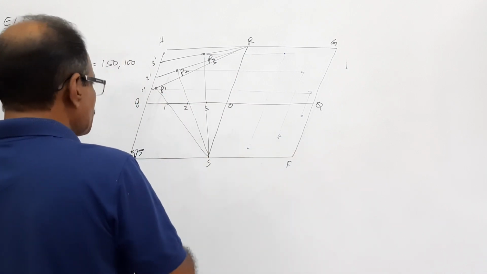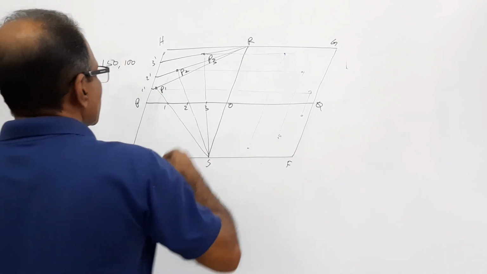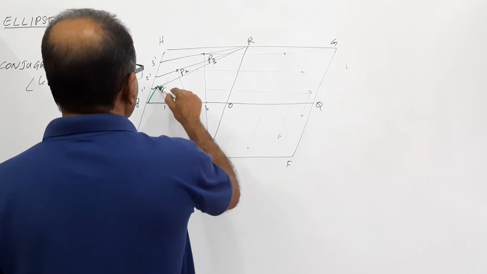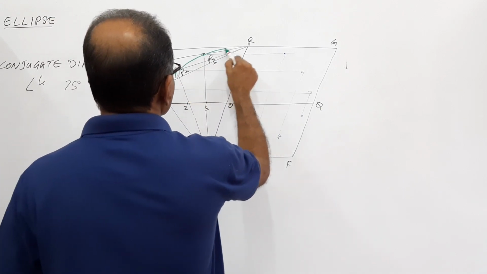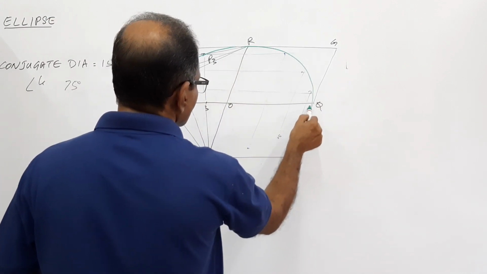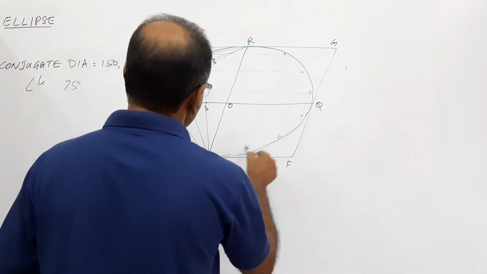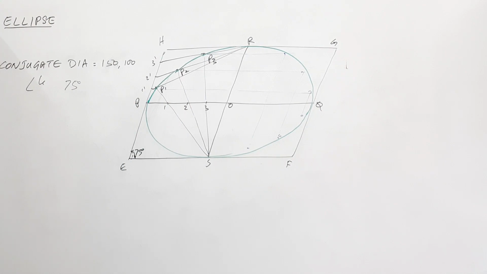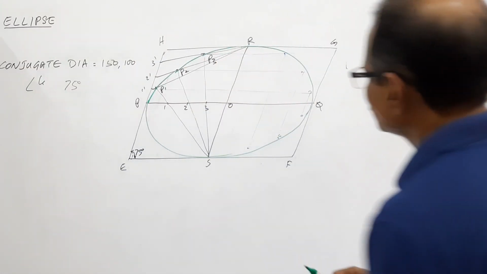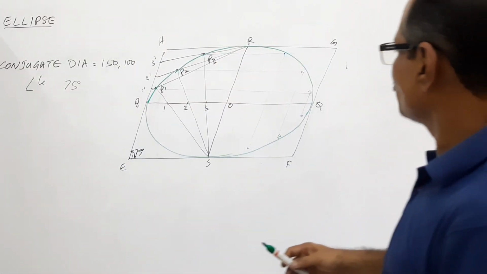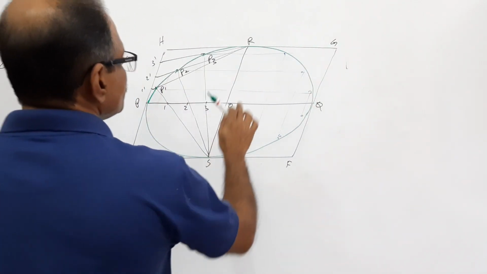Now connect all these points by a smooth curve. You get an ellipse. Since I am not following correct dimensions, my ellipse may not look very good.